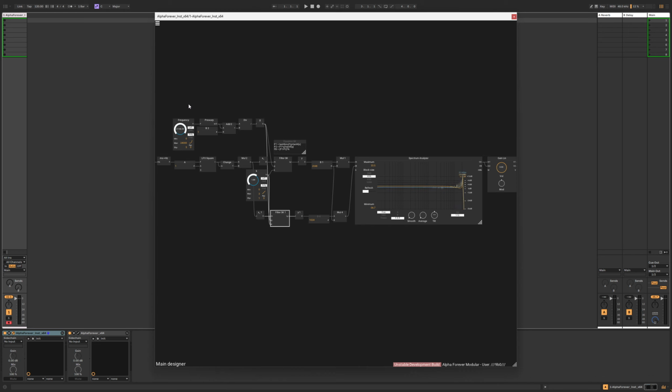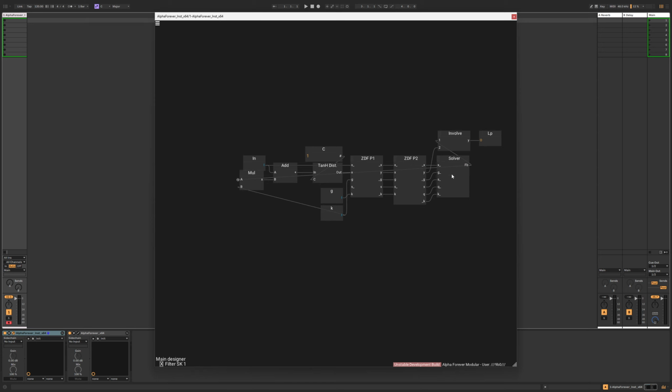This is actually pretty close, there's some difference here, and that's because the solver is calculating with the previous input sample, so we have to move the solver away from here. It will be in front of everything. So x comes into the solver, and then it goes into this multiplication by the resonance.